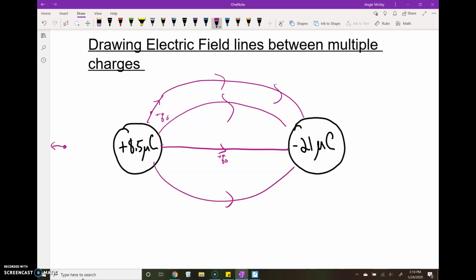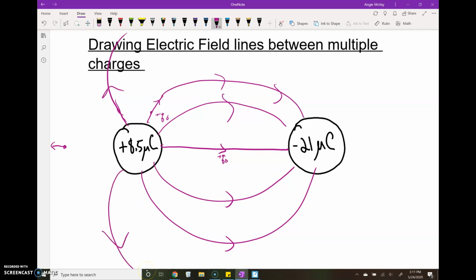And on the underside, like so. And then what about up here? Well, a positive test charge, if it was right here, would be repelled. But when it gets up here, it will also be attracted over there. So we can draw something like so.